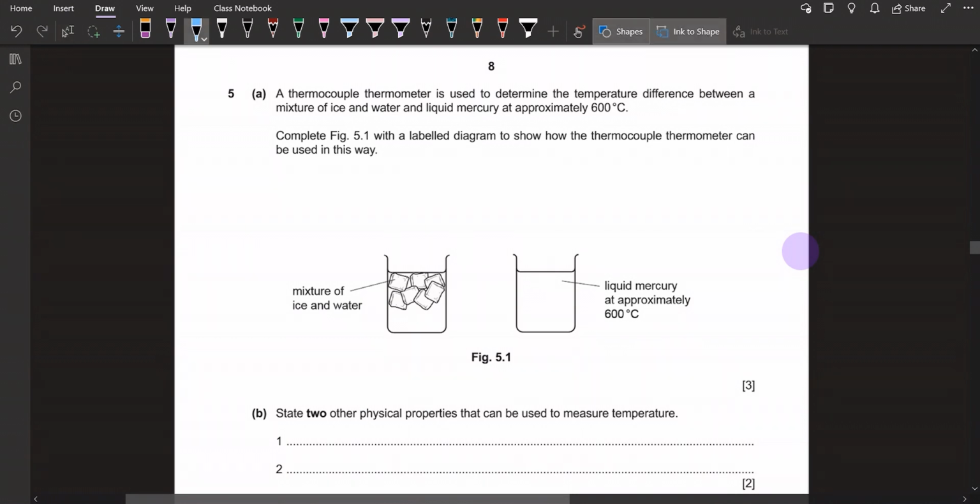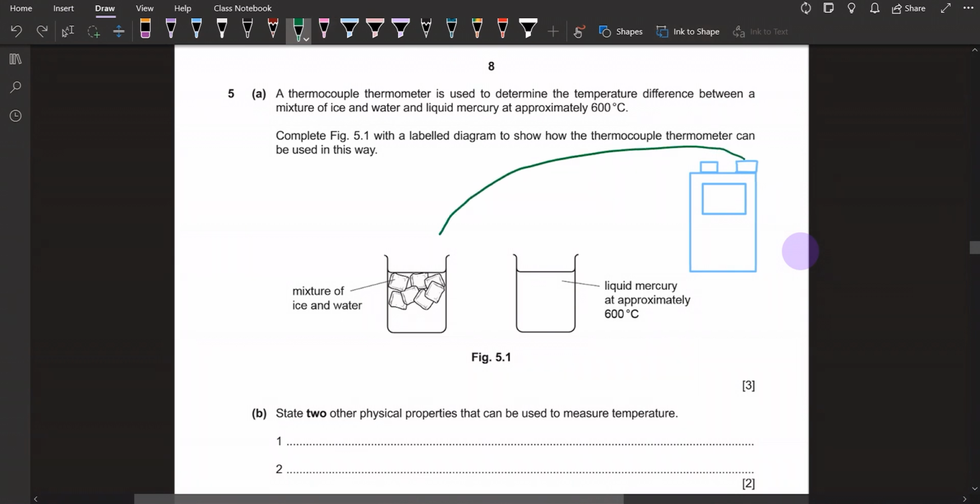So we can draw our thermocouple here. There are going to be 2 junctions over here, and these are going to be connected with wires, 2 wires. One wire is going to go from here to the mixture of ice and water, then the other one is going to go to the liquid mercury.